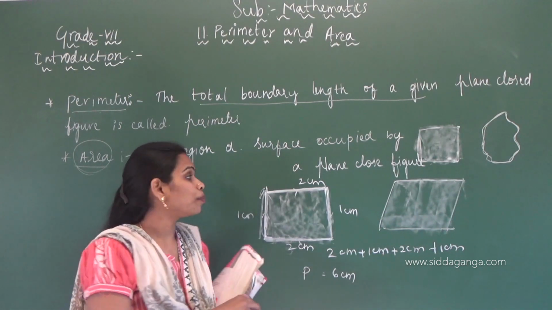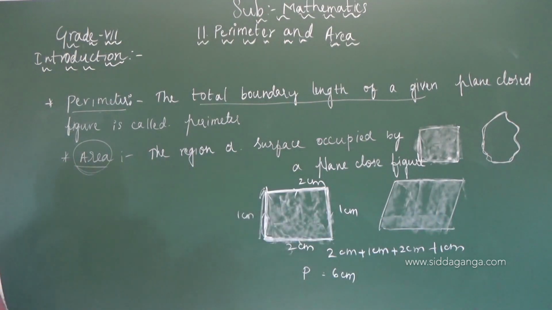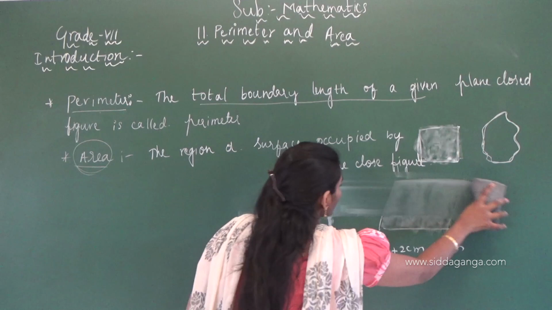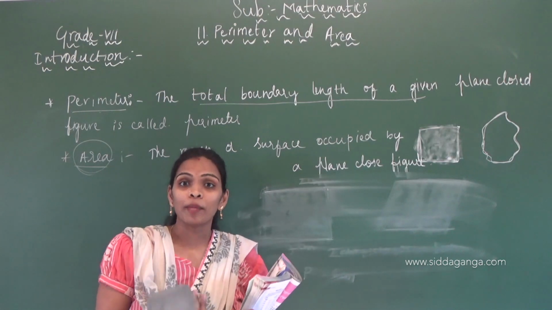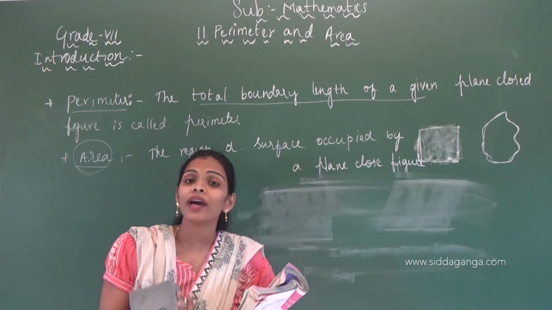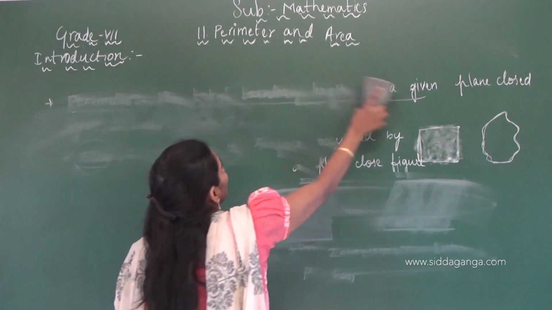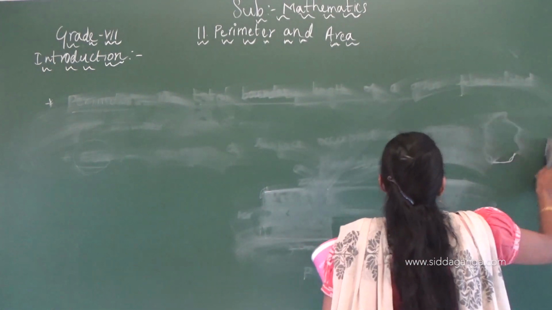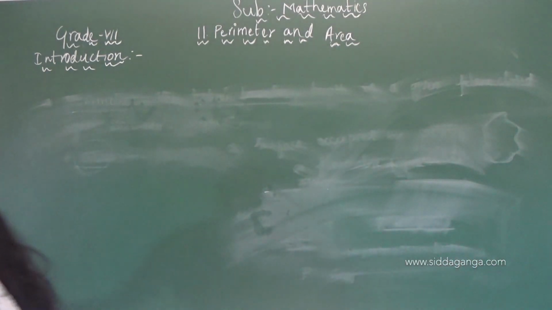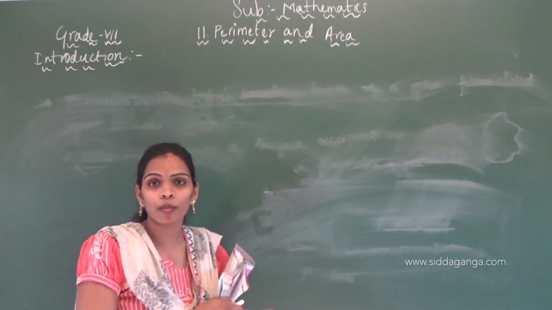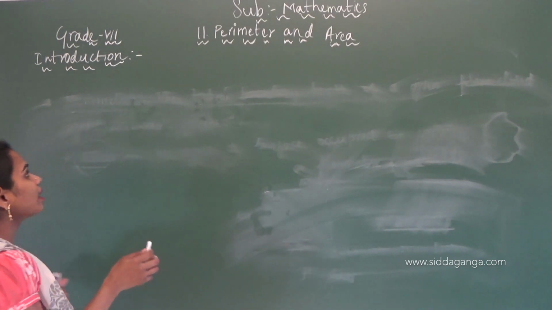That's why, to reduce the complexity, some formulas are there to find the area of the parallelogram, perimeter of the parallelogram, area of the square, perimeter of the square, area of the rectangle and perimeter of the rectangle. In this class we are going to discuss the formulas of perimeter and area of square, rectangle, like that.